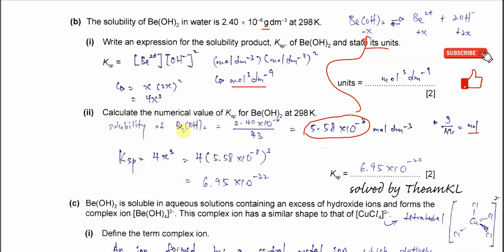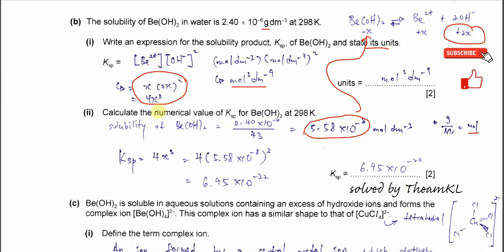So from here, as you can see, if we use X, it means X moles of the salt dissolved, so it will form X mole of Be2+ ions and 2X mole of hydroxide. So therefore, you need to substitute X and 2X here. Eventually, the Ksp is 4X cubed.